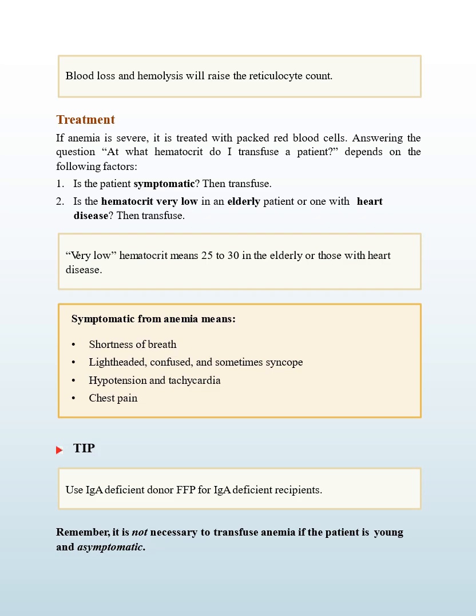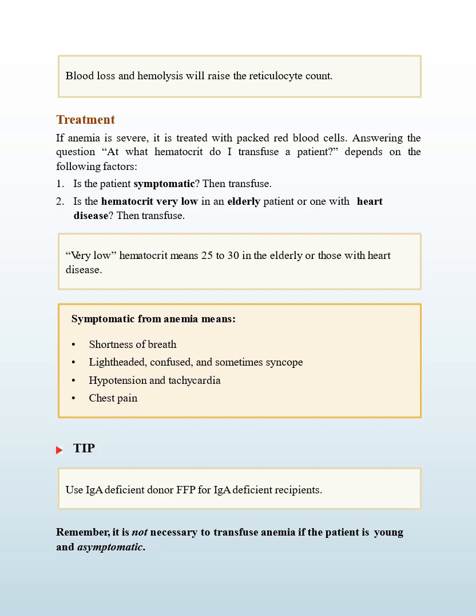There is another clinical tip which states that we have to use IgA deficient donor FFP for IgA deficient recipients. And the last tip states that, remember, it is not necessary to transfuse anemia if the patient is young and asymptomatic.